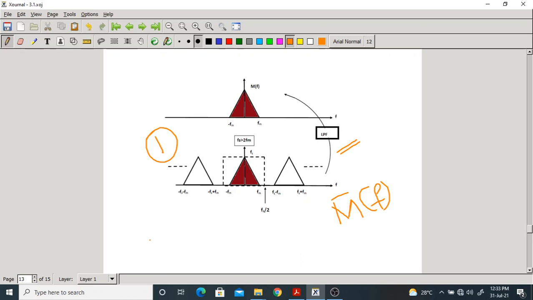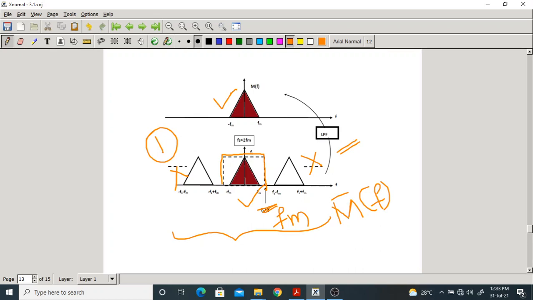If it is so, this is a sampled spectrum. If you pass this spectrum through this low pass filter, what will happen? With the cutoff frequency, actually fm, the remaining copies will be rejected, except this copy, which is accepted, which means this is the output of the low pass filter.